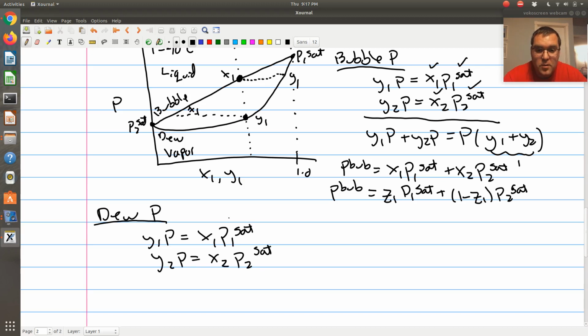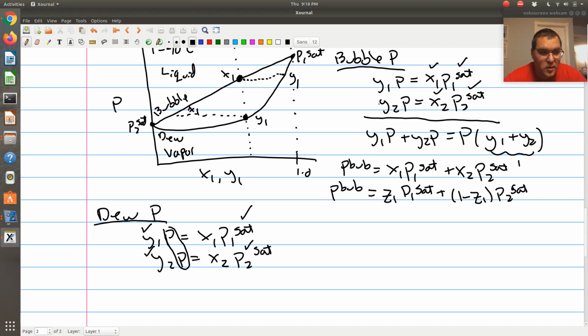I know the temperature, so I know P1 sat and P2 sat. Now I know y1 and y2 because at my dew point, my vapor composition is equal to the composition of my mixture. What I'm interested in solving for is P. So P is what I want. I don't know x1 and x2.